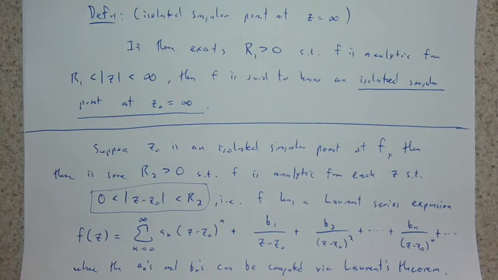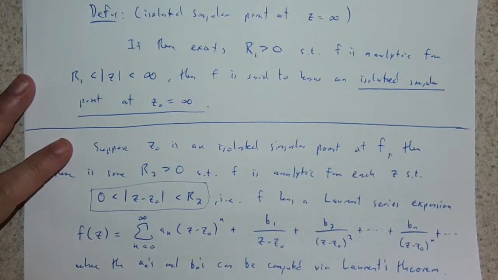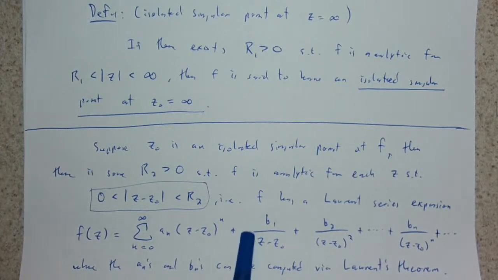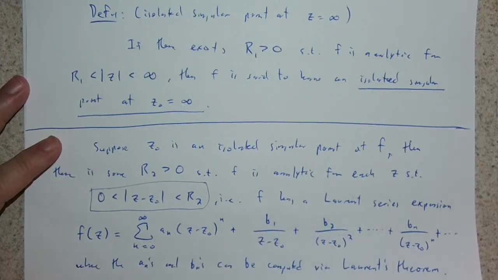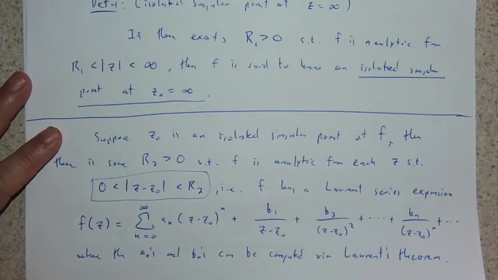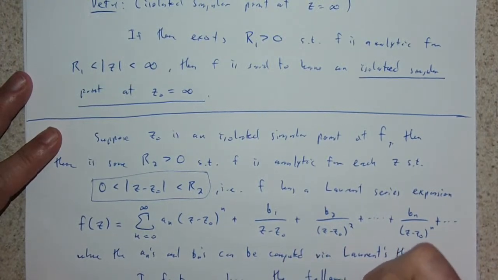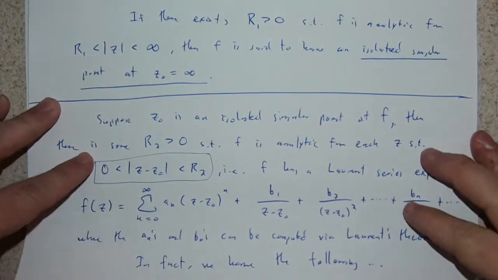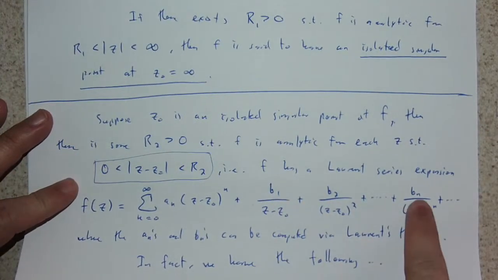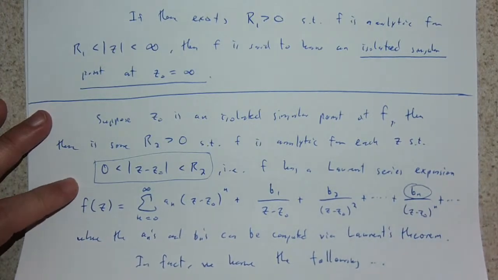Okay. In fact, we can look at, for instance, the coefficients on the negative powers, right? That's what we're actually going to be interested in here. In fact, we have the following directly from Laurent's theorem. So how do I compute generic b sub n in this Laurent series expansion? Well, directly from the statement of Laurent's theorem, I have these formulas that compute these coefficients.